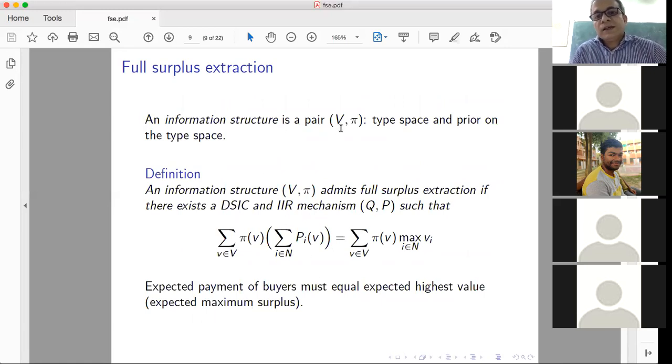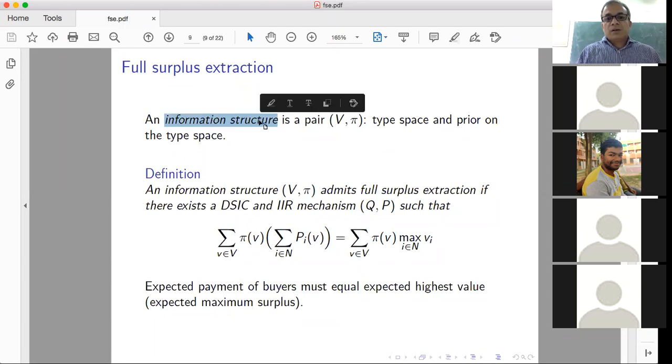Basically, this is the information that the designer needs to know before it thinks about mechanism design. So the mechanism designer needs to know the type space, or the profile of type spaces, and the prior on the type space. This is what is called the information structure of the mechanism design problem in this setting.